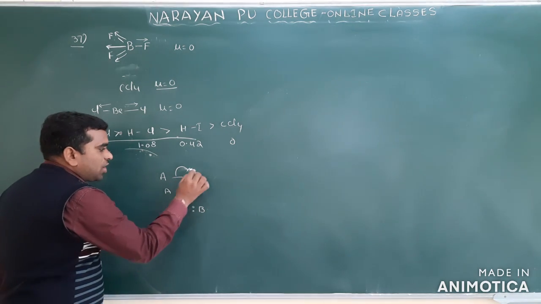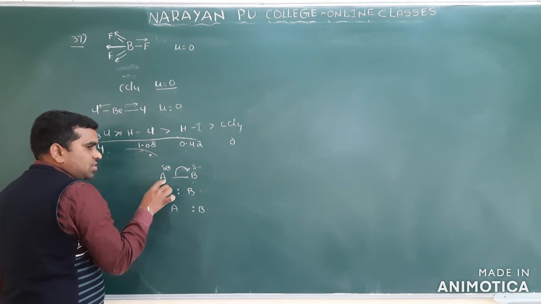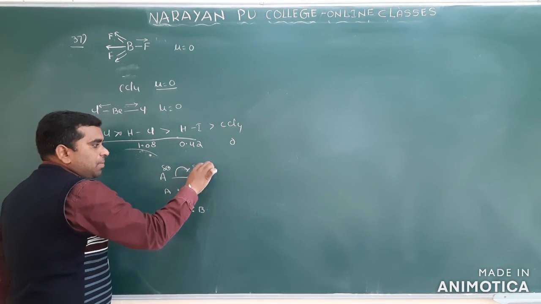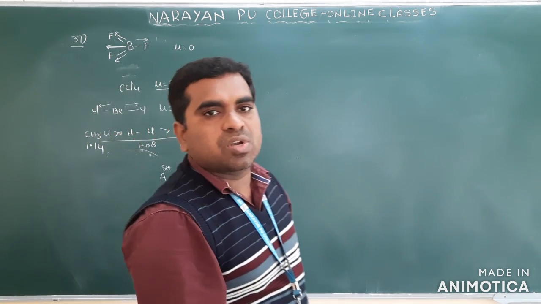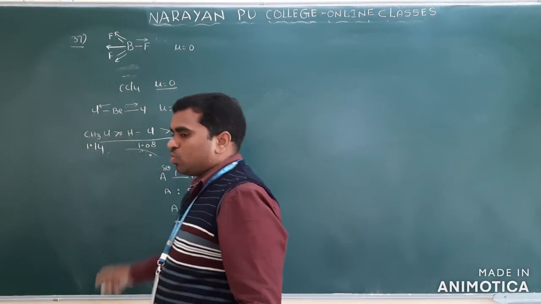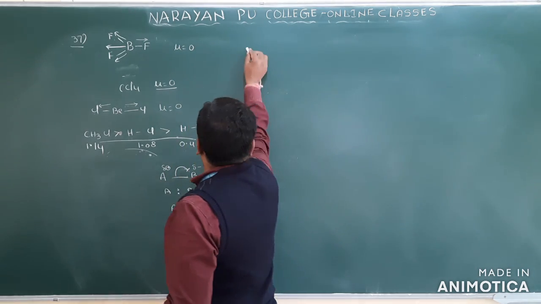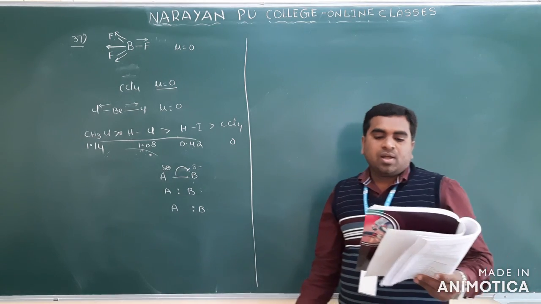That atom gets a negative charge and the other loses electron density. A is losing electron, so positive, and B is gaining electron, so negative. So poles are created, one pole here and one pole here, that is, a dipole is created. So option 1 is the correct one.